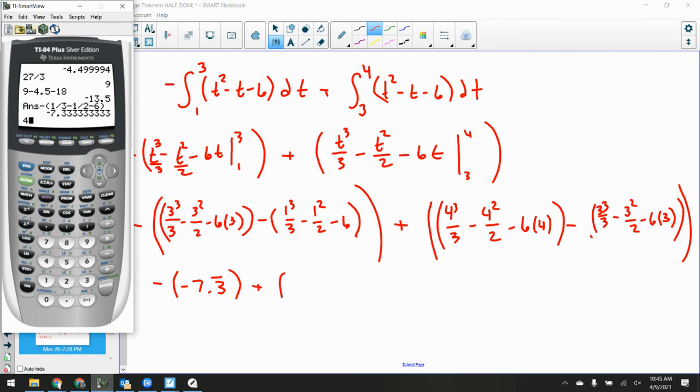So I take 4 to the third over 3, so 21.3, minus 16 over 2, which is 8, minus 24. So negative 10.6.